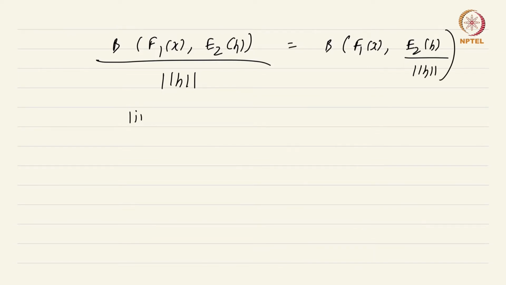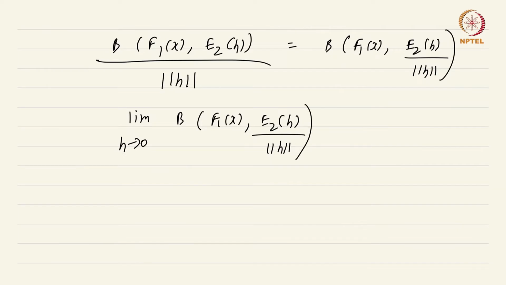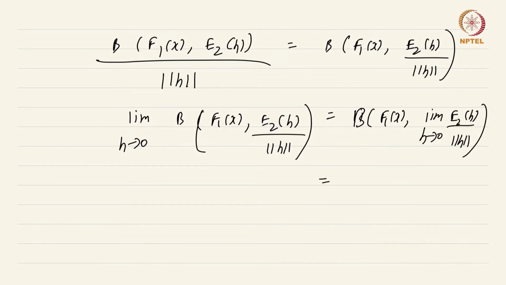Okay. Now when I take limit h going to 0, I can push the limits all the way inside simply because b is a continuous mapping. So this is nothing but b of (f1(x), limit h going to 0 of e2(h)/norm h), and this is nothing but b of (f1(x), 0), which is just 0 by bilinearity.